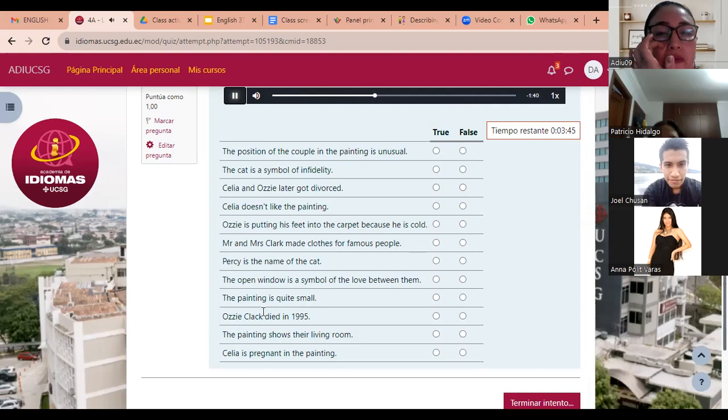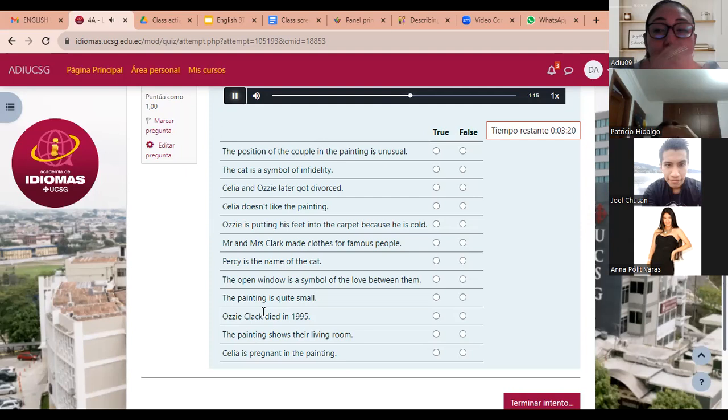The couple are wearing typical clothes of the late 1960s. Celia is wearing a long dress, and in fact, she was expecting a baby at that time. Her husband isn't wearing any shoes, and he's putting his feet into the carpet. This was because Hockney had a lot of problems painting his feet. He just couldn't get them right.